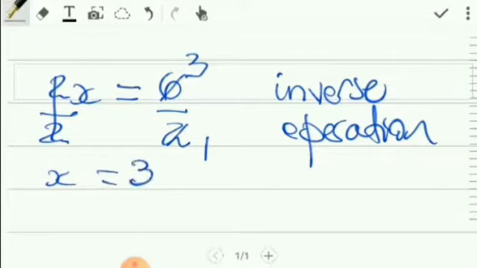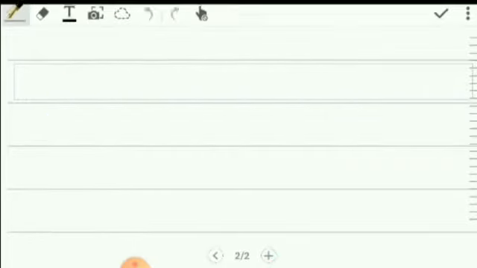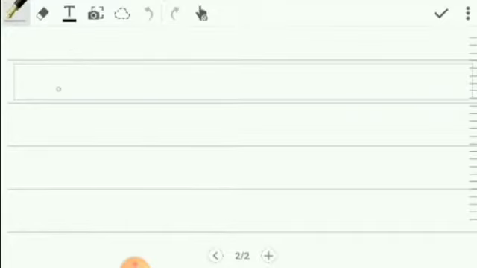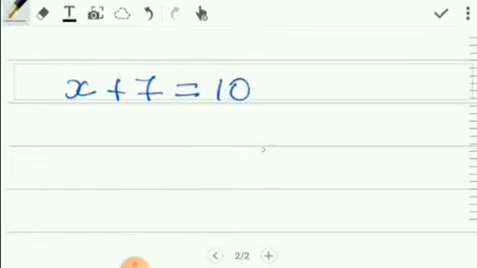Let's look at another one. Say x plus 7 is equal to 10. Same thing, the inverse operation. x plus 7.